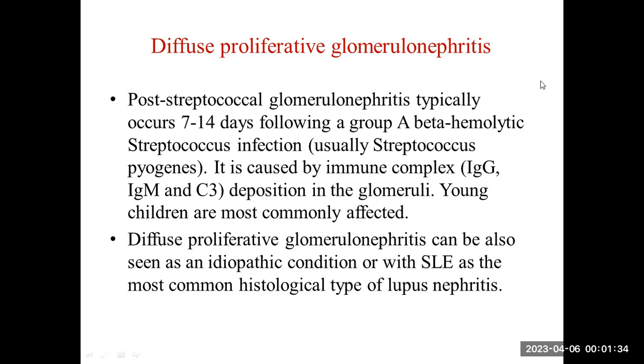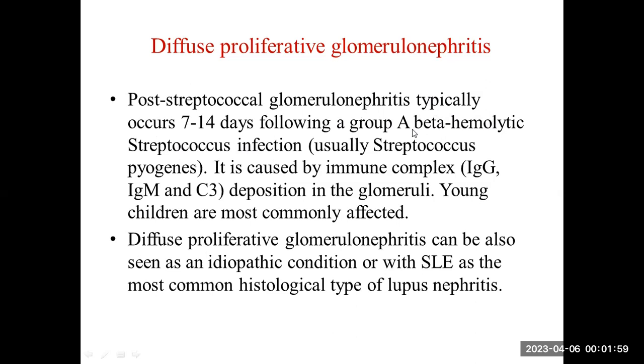So here you have circulating immune complexes, which are made of streptococcal antigens. And the streptococcal infection will precede the onset of glomerulonephritis by weeks. So the condition usually develops 1 to 2 weeks, 7 to 14 days, following an infection with the streptococcus, specifically a beta hemolytic streptococcal infection.